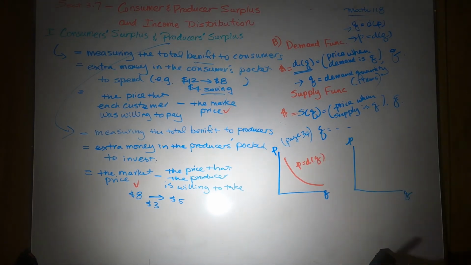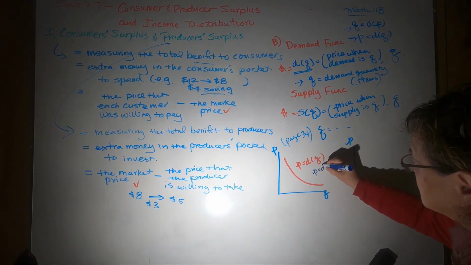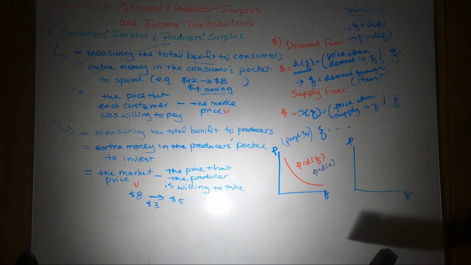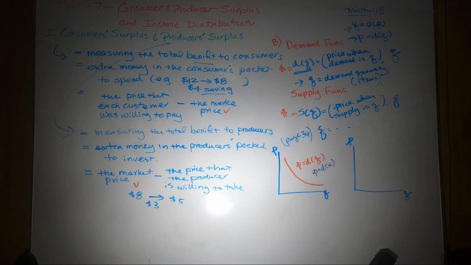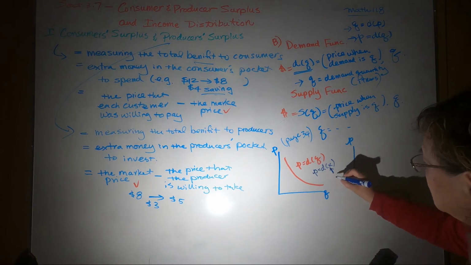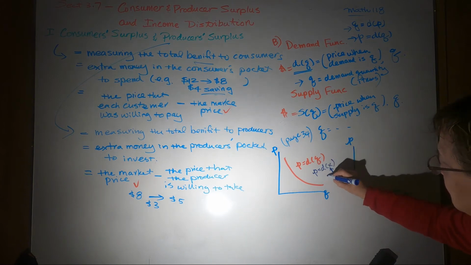According to the demand of the quantity. Okay? Sometimes we use what? Price equals demand of X. X means what? The quantity here. If we use Q, because that's price, from the quantity to the price.